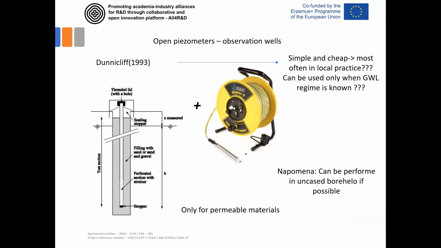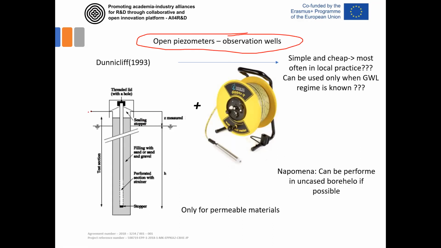How do we measure groundwater level in a borehole? A very simple illustration is given by this so-called open piezometer or observation well. What's the construction of this observation well?